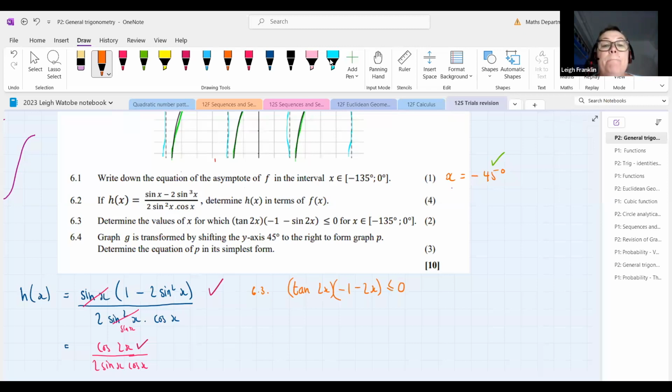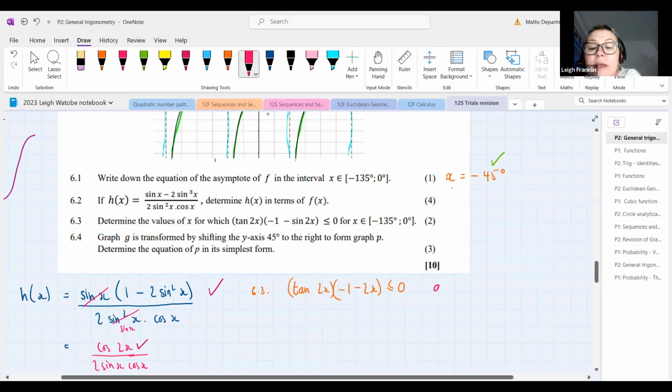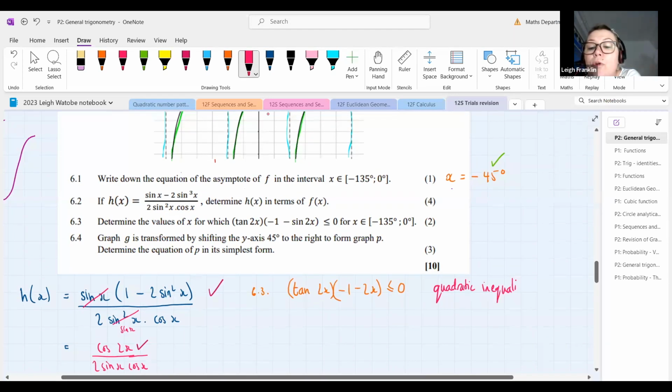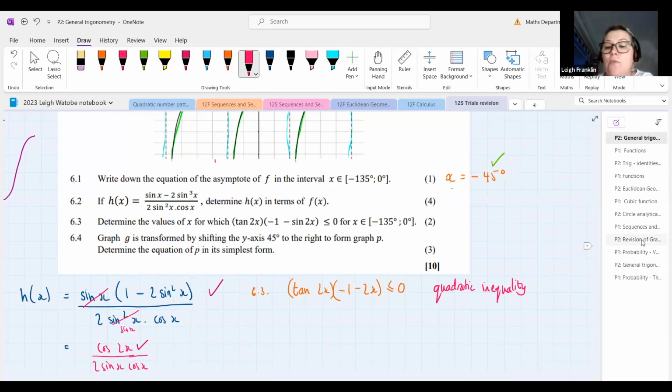Now this is a bit of a nasty one because this is actually a quadratic inequality. Like in paper 1, in question 1, they ask you to solve a quadratic inequality. So, for example, let's say they give us x squared minus 6x plus 8 is smaller than or equal to 0, and they ask us to solve for x. It's exactly the same idea.